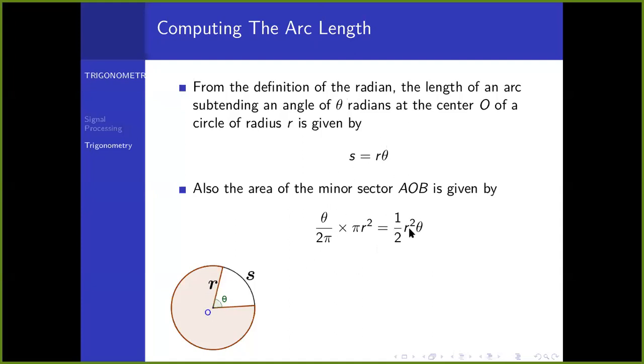Because if you're working with degrees, then you'd have theta over 360. But now we have 2 pi, which means you're working in radians. So the total angle at the center usually will be 2 pi, as we have seen. In degrees, it's 360.